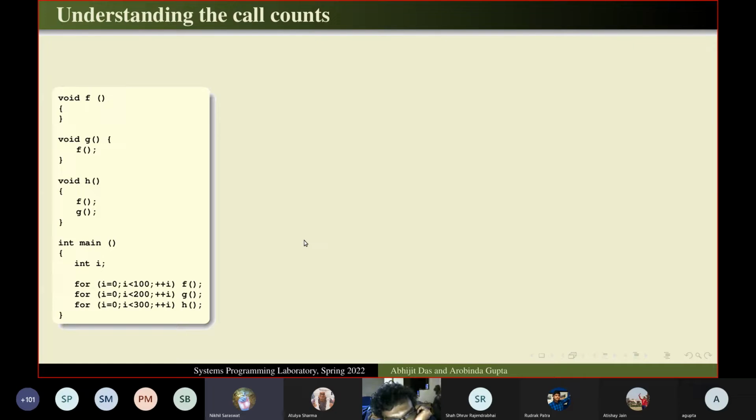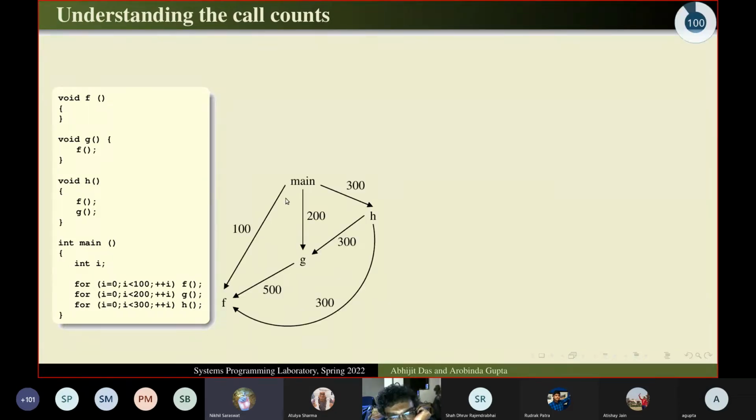Now if I look at this graph, why is this called a call graph? Main is a function. This calls f 100 times, g 200 times, h 300 times. Now if I look at h, it calls f 300 times and g 300 times, one call each per invocation of h.